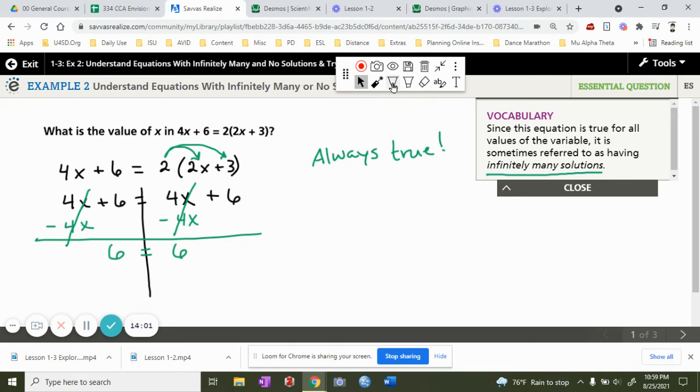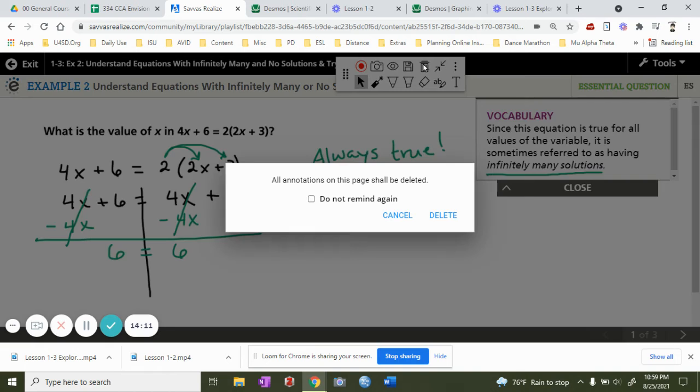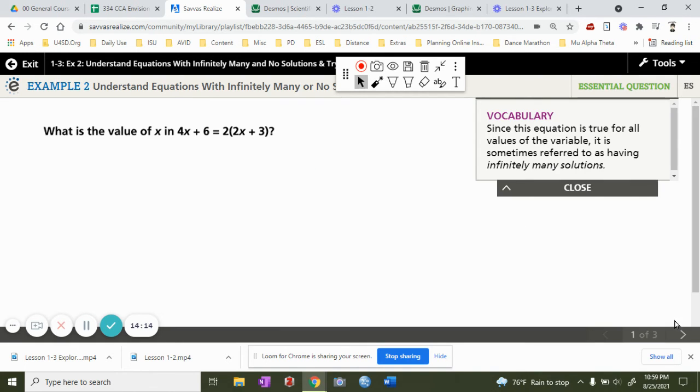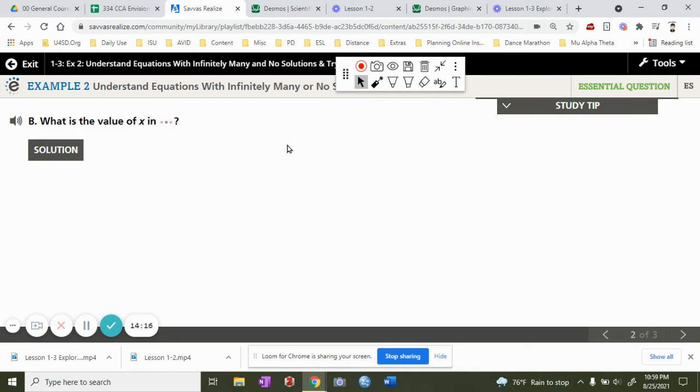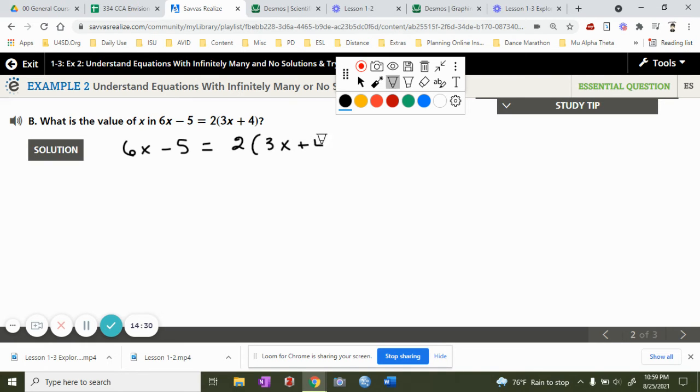Now, there is also the case of when we get something that can never be true. So let's check that out. So here we have 6x minus 5 equals 2 times the quantity 3x plus 4.